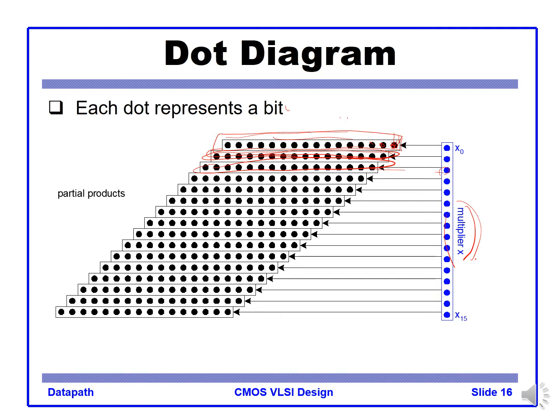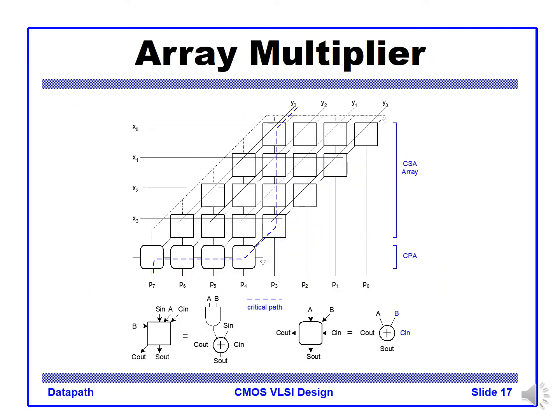On the array structure, to generate the partial product we can simply use the AND operator. Then the partial products are added through half adders and full adders, which have 1, 2, 3 bit addition.